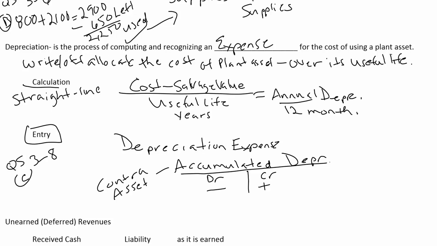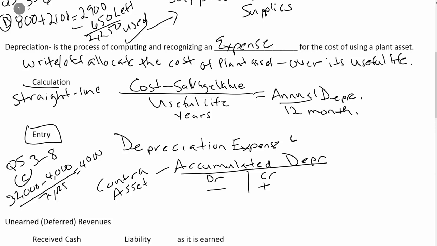The asset had a cost of $32,000, an estimated life of 7 years, and an expected salvage value of $4,000 at the end of those 7 years. So if we put that into our formula, we take the $32,000 minus the $4,000 salvage value, divide by 7 years, and we get $4,000.